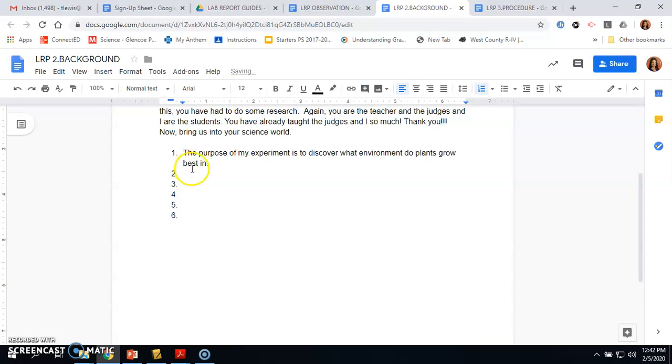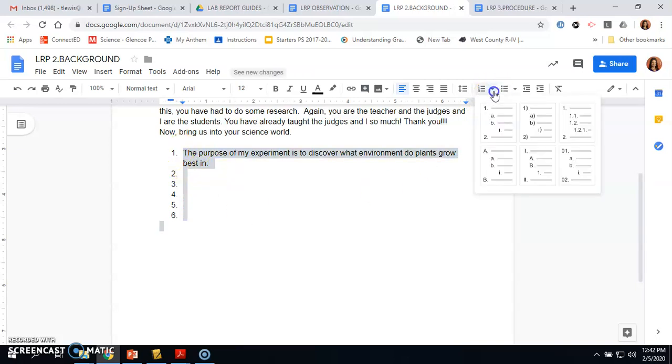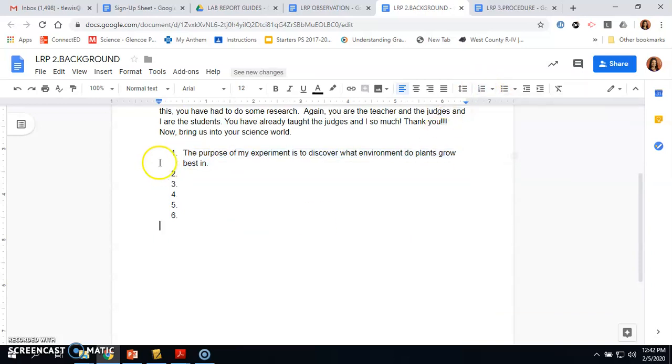And so what I have left, once I've taken out all of Mrs. Lewis's questions and all of these numbers, and there's a way to do all that, is all of these sentences, and then all I have to do is clean it up and make it look really nice.